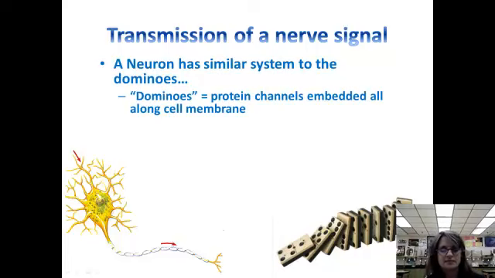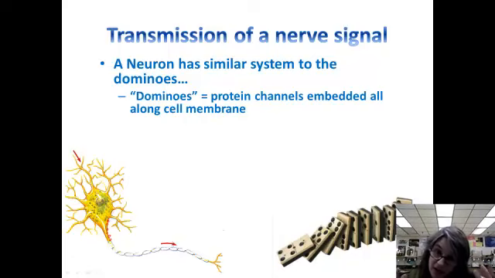So, in a neuron, I want you to think of the dominoes, so to speak, as being protein channels embedded in the cell membrane of the neuron. It is very important that you keep in mind the importance of cell membranes. We've talked about it with the immune system and the identification markers on their surfaces, and in the nephron with all the channels, and we're going to be focusing on channels again. But this time it's not going to be water that's the main thing that's flowing through the channels.